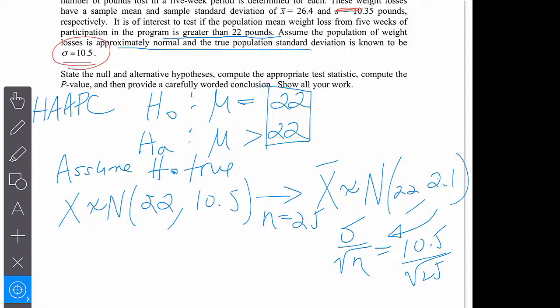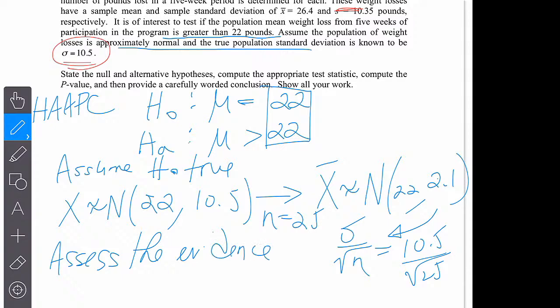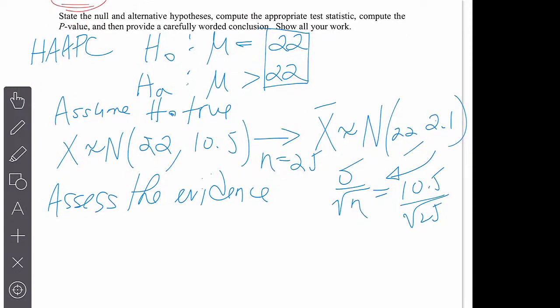So that's from assuming. Now we want to assess. Assess the evidence means standardize your result.